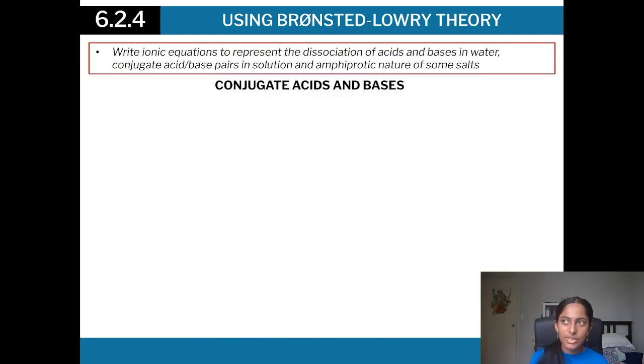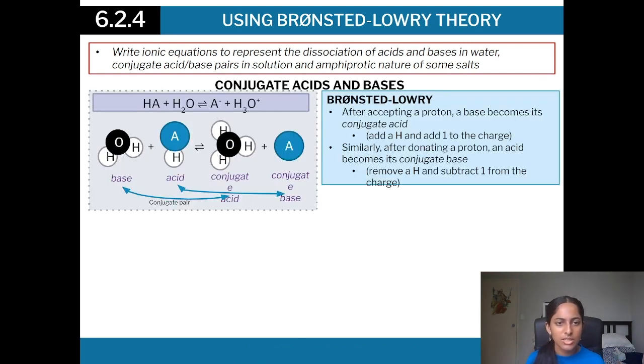You'll also need to know something called conjugate acids and bases. It's a bit confusing, but we'll explain it in detail. Conjugates are pretty much what it becomes if it either accepts a proton or donates a proton. So for example, let's say you take HA and A minus. It starts off as HA, but it gives a proton to water, so it acts as an acid, and then the A minus is the conjugate base.